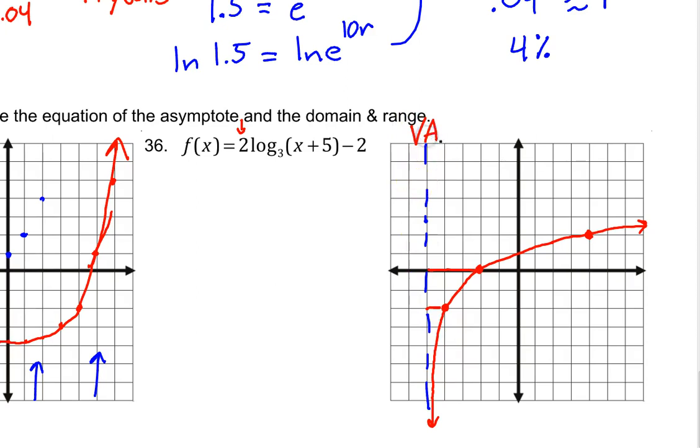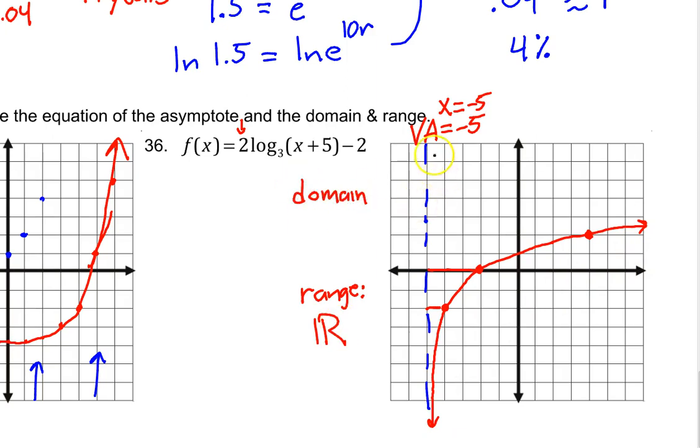Vertical asymptote is at -5, or at x equals -5. Here, the range, just kind of flipped from exponentials, this could keep going down forever, this could keep going up forever. So the range is all reals, whereas the domain is what's limited.